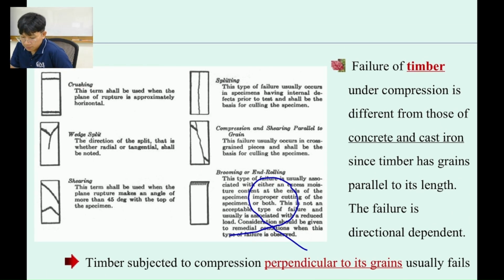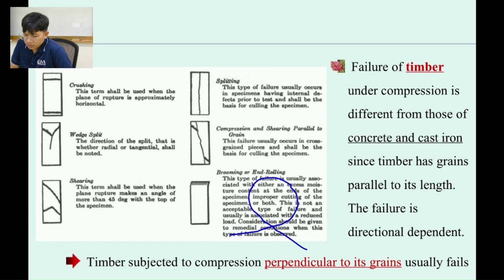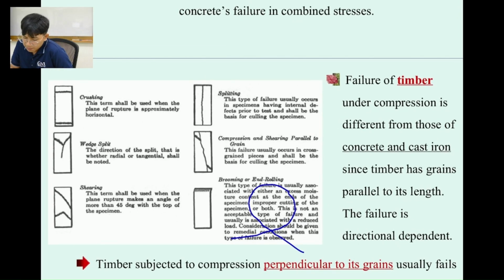Next one is going to be timber under compression. So timber under compression depends on whether it's parallel to the grain or perpendicular to the grain. So if you test it perpendicular to the grain, your sample is going to fail by crushing.